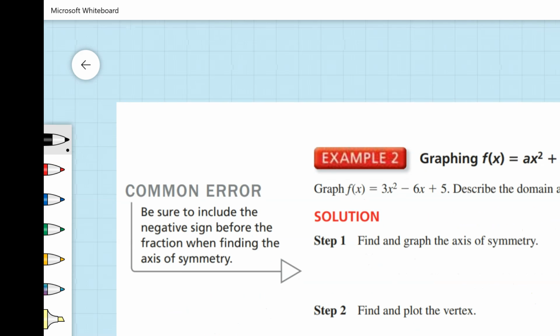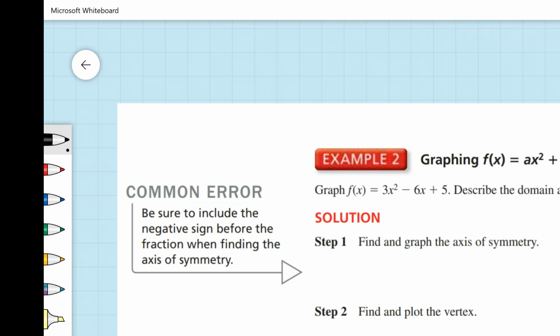Now let's look at an example of graphing this. So if we want to graph this function, f of x equals 3x squared minus 6x plus 5, we can again find our axis of symmetry first to help us then find our vertex.